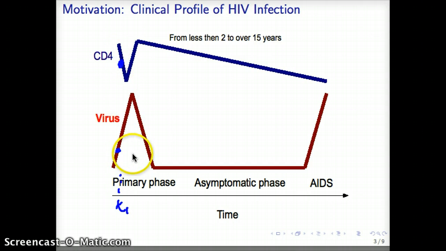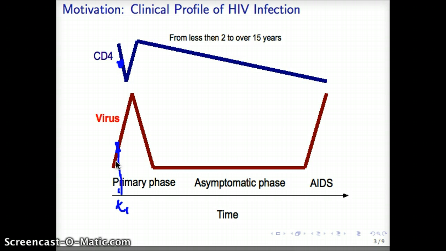So for a given patient, clinicians, lab technicians, or physicians would take a blood sample and have a way of reading or measuring from this blood sample and coming up with a number of how many of these cells the patient has and how much virus the patient has for a particular time point.